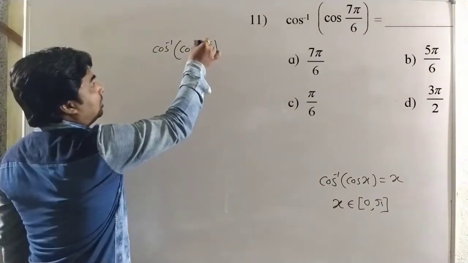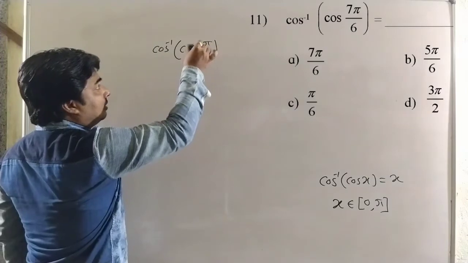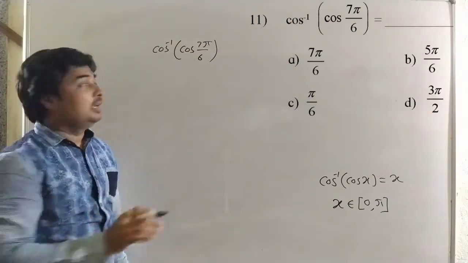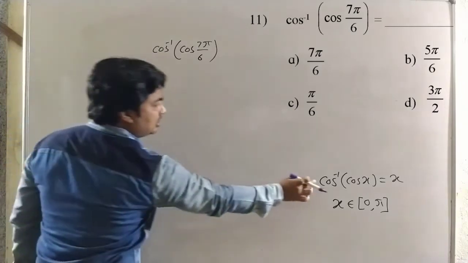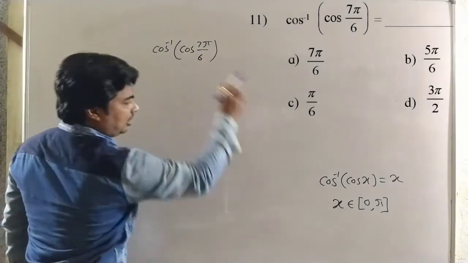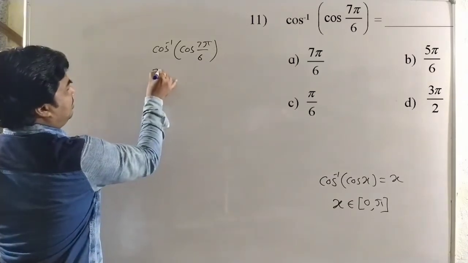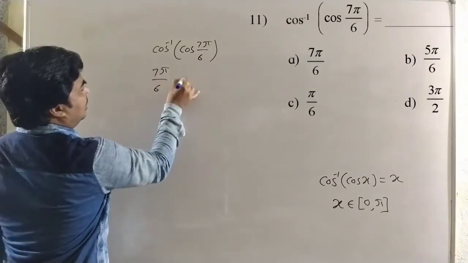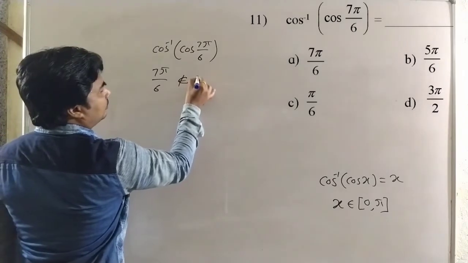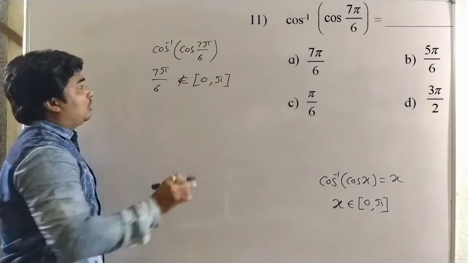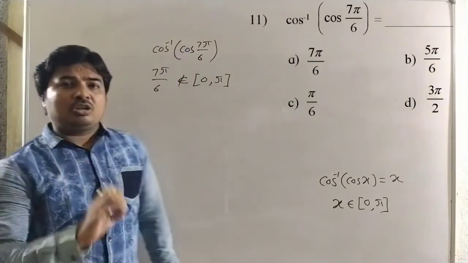So first convert this angle to less than pi by using the allied angle. We cannot directly use this property because this angle is not in the principal value branch. Here 7 pi by 6 does not belong to 0 to pi. Therefore now we use the allied angle for cos theta.